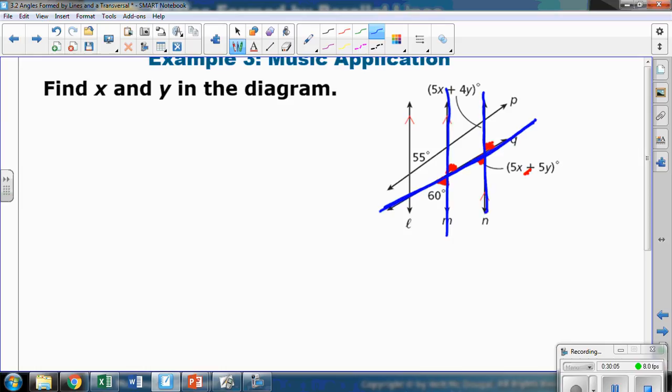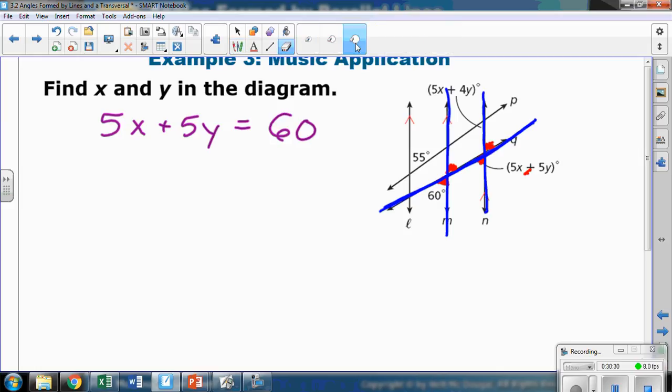Those four angles in red are the same. That will allow us to create an equation. 5x plus 5y has to be 60 degrees. By itself, that's not going to do a whole lot for us.